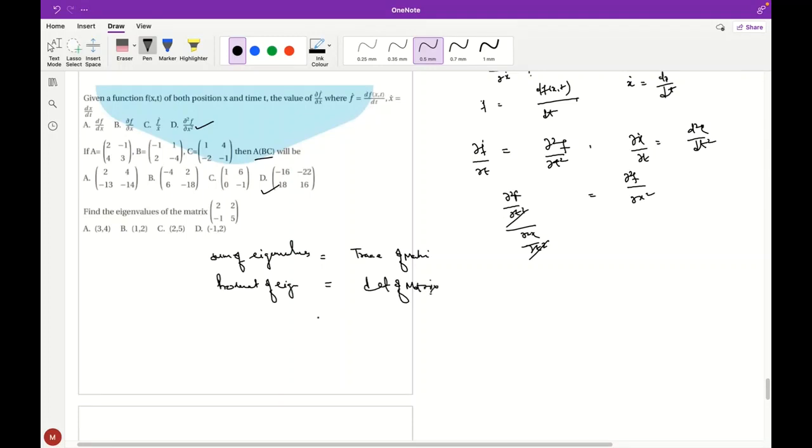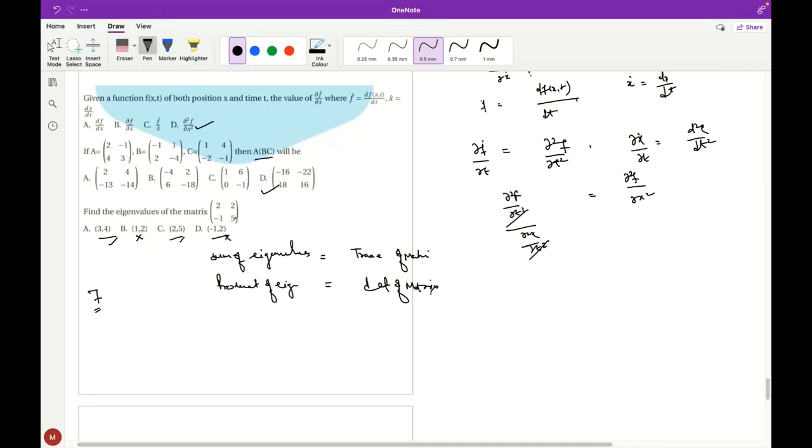So first we have to find the trace. Trace is equal to 7. So find which pair sums to 7. Here 3 plus 4 equals 7, and this will not because 1 plus 2 is 3, and this will also not. So either this will be true or this will be true.